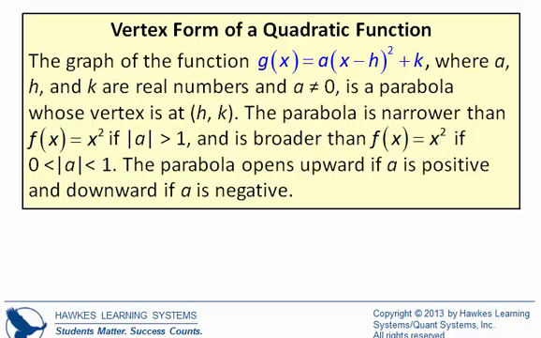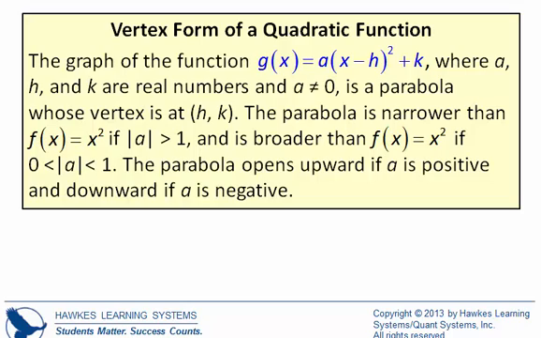The next thing that we're going to look at is the vertex form of a quadratic function. If a quadratic function is in vertex form, it is very easy to read off what the vertex of the parabola is. So our slide says that the graph of the function g of x is equal to a times the quantity x minus h squared plus k, where a, h and k are real numbers and a is not equal to 0, is a parabola whose vertex is at (h, k).